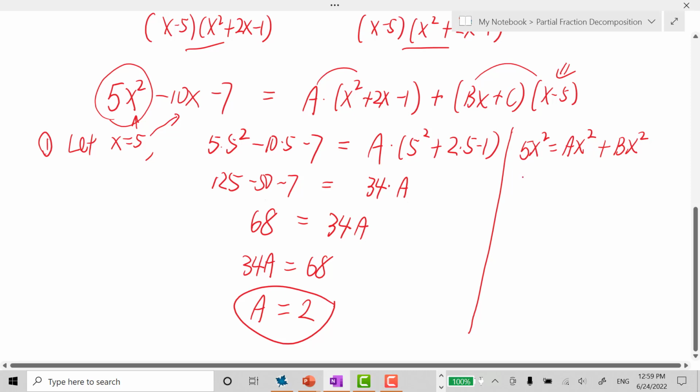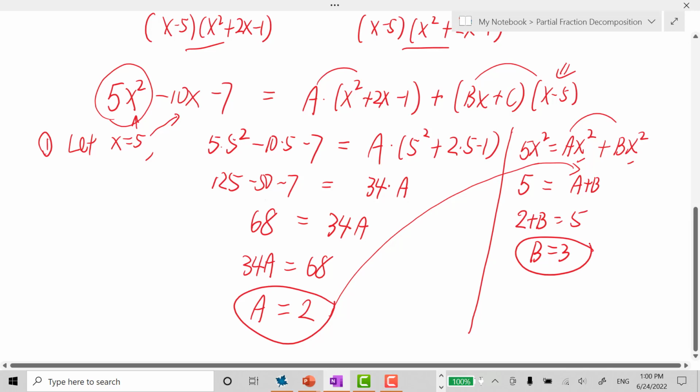That means 5 is equal to a plus b, because factoring out x squared, you get a plus b. If a equals 2, b must be 3, because 2 plus b equals 5. So b equals 3.